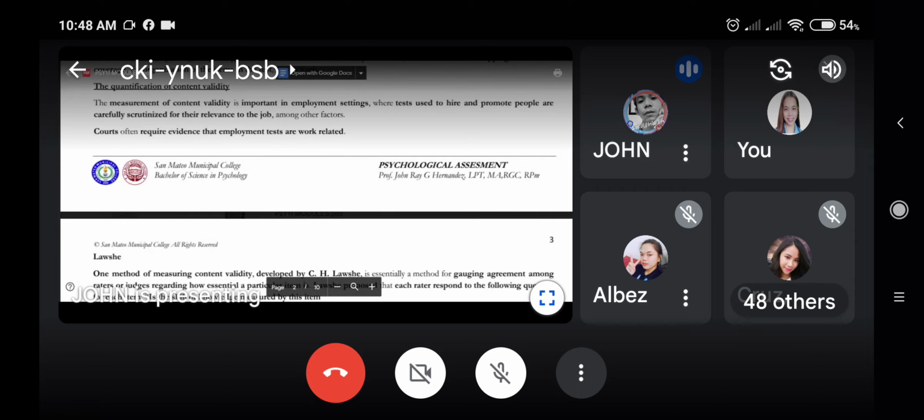Otherwise, if your content is wrong, or your expected output for that particular job is wrong, then the appraisal system is wrong. It's not standardized. Then you will see that the person is not actually good at that position, and then you will be terminating?